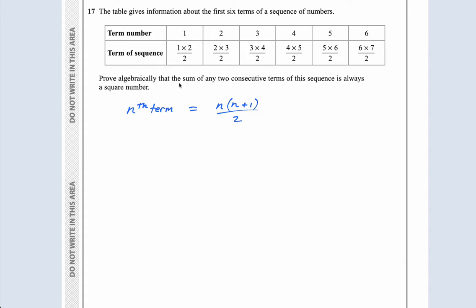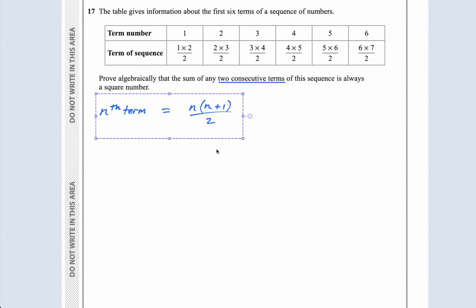Now we need to prove that the sum of any two consecutive terms is a square number. That's the nth term, and I need to find the n plus 1th term, the next one.